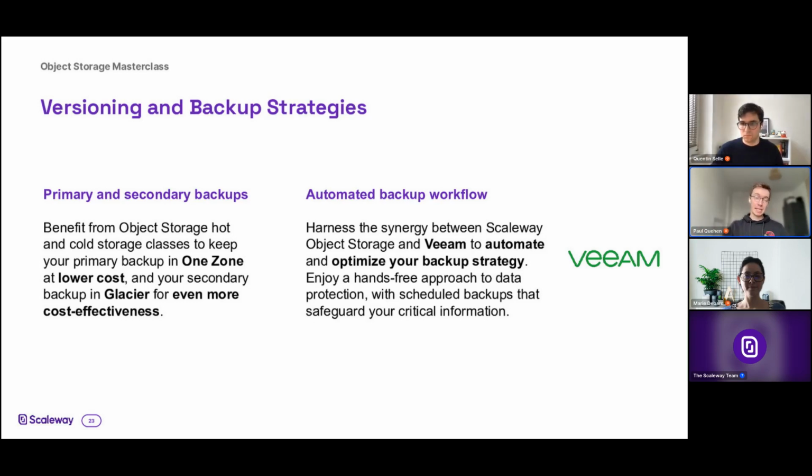And it's the best cost-effective solution for your backup. And if you want to manage a complete backup strategy, Object Storage is compatible with third-party applications, such as Veeam, that will help you to manage and optimize the backup creation, storing, or the deployment of the backup.